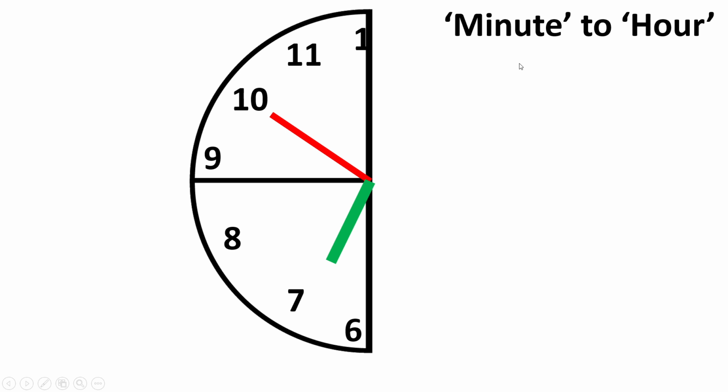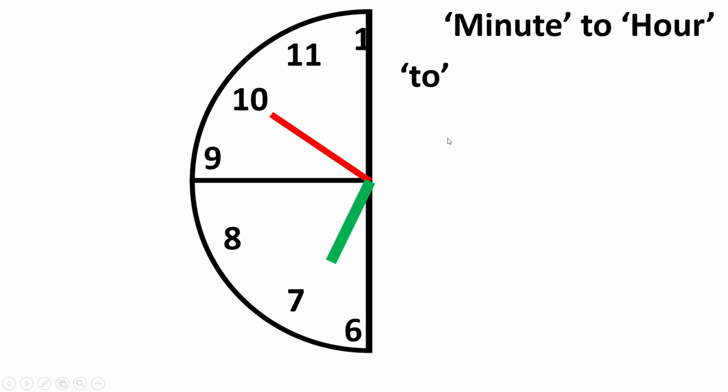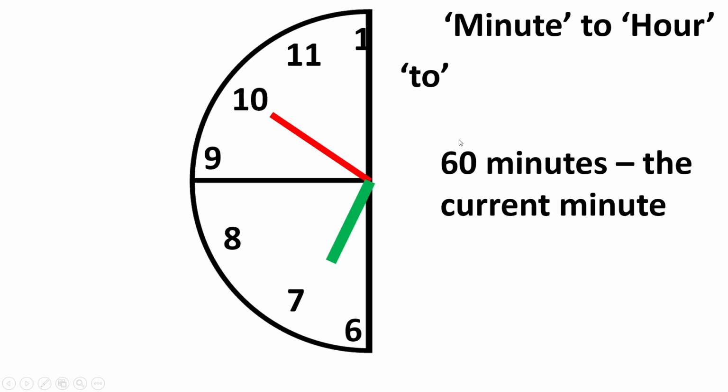With this half of the clock, we're going to be following the minute rule a bit differently. Normally, the minute rule is that the number on the minute hand, we always multiply by 5. But since on this half of the clock, we want to find how many minutes are left until the next hour, we want to do 60 minutes take away the current minute, which the minute hand sits on.